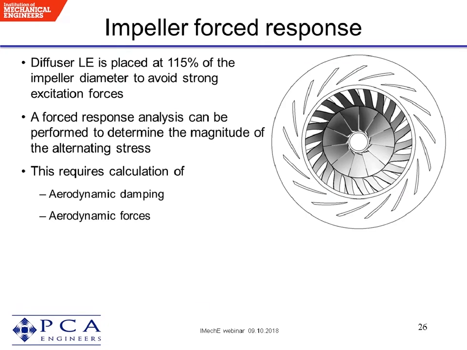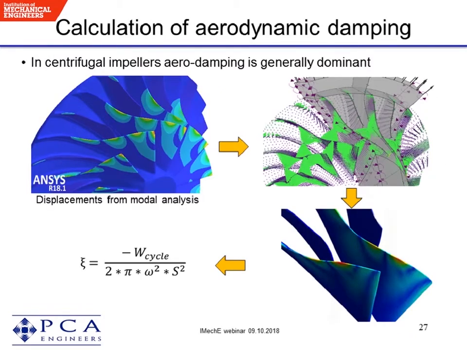If necessary, a force response analysis can be performed to determine the magnitude of the alternating stresses, although this is not a part of the normal design process. Such an analysis involves prediction of the aerodynamic damping as well as aerodynamic forces. The process is described here using ANSYS software.